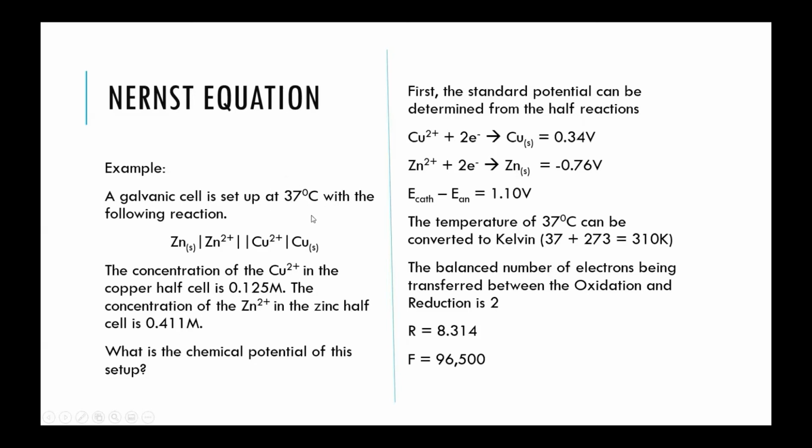It's given here as 37, so plus 273 to give a temperature of 310 Kelvin. In the balanced full redox reaction, there are 2 electrons being transferred, and R and F are constants.